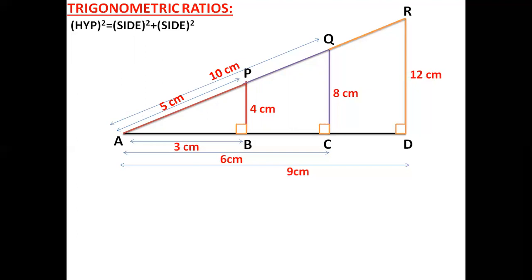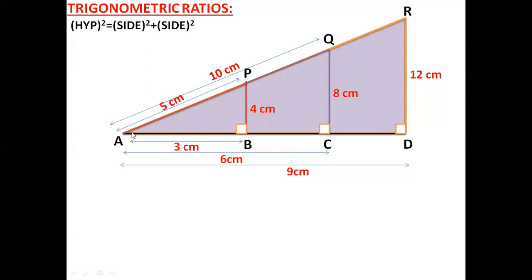Now the whole right angle triangle ADR is the biggest right angle triangle of these 3 right angle triangles. One is triangle ABP, second is triangle ACQ, third is triangle ADR.